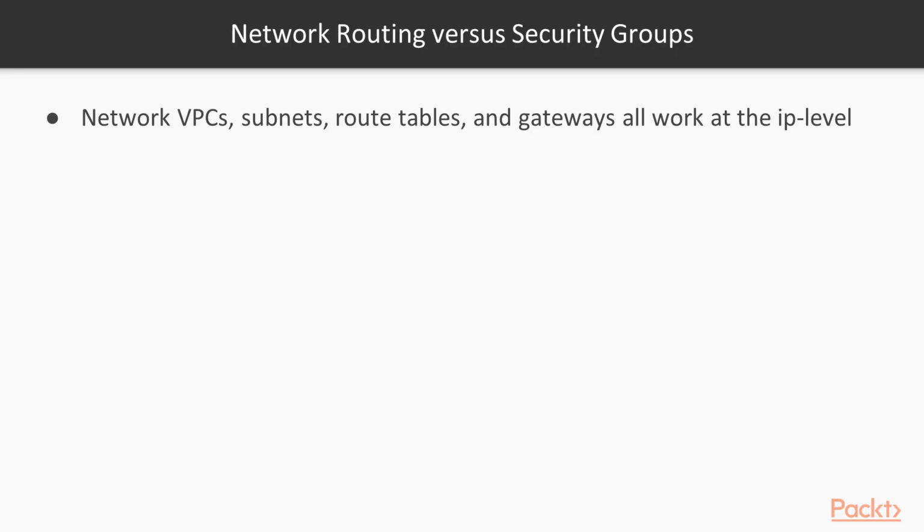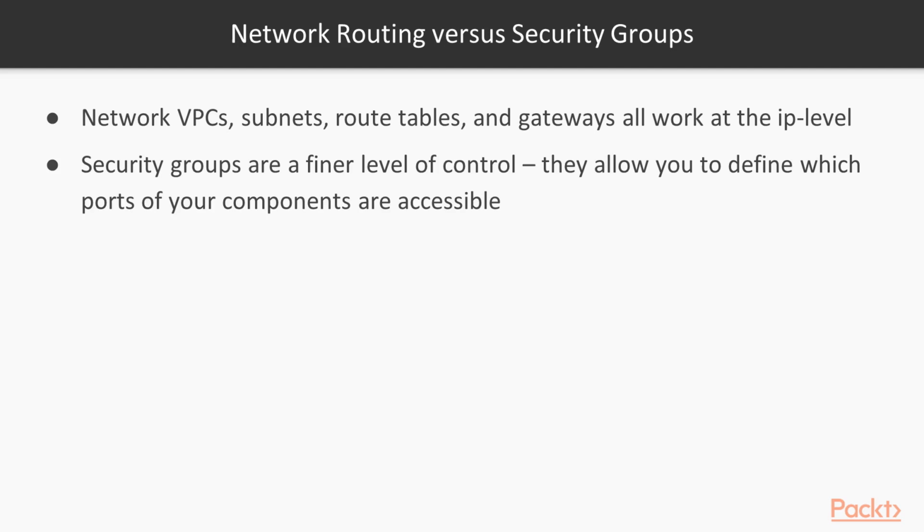It's important to note that VPCs, subnets, route tables, gateways, and other utilities provided by AWS work at the IP level. Security groups, by comparison, give you a final level of control. They allow you to define which ports of your components are accessible.